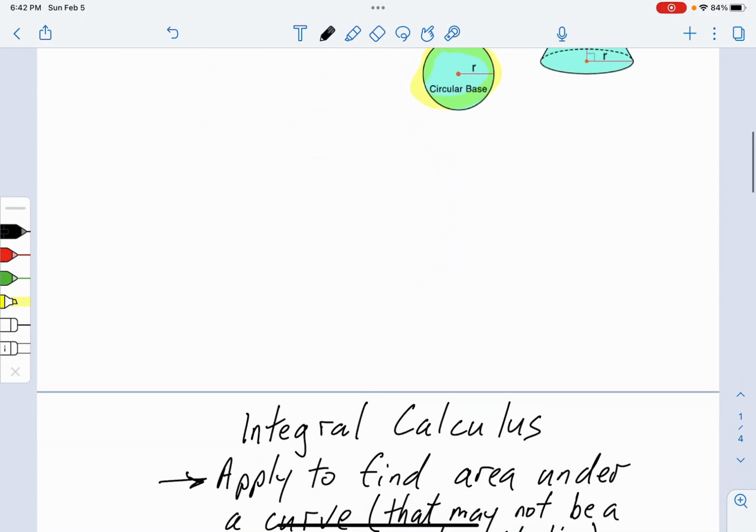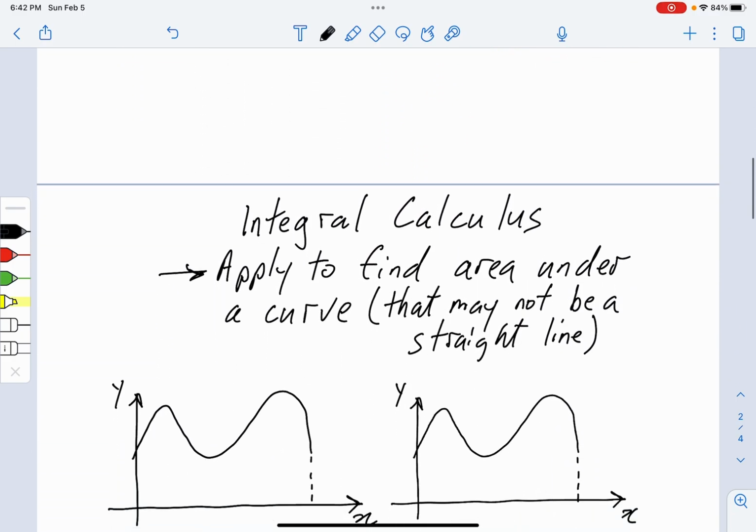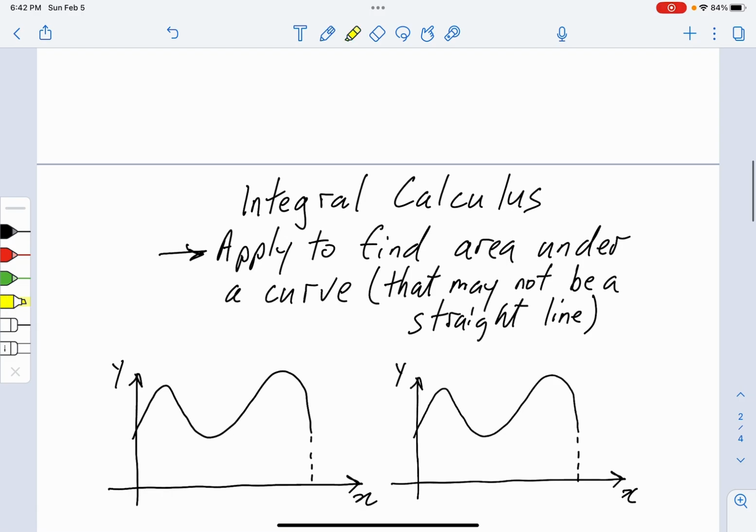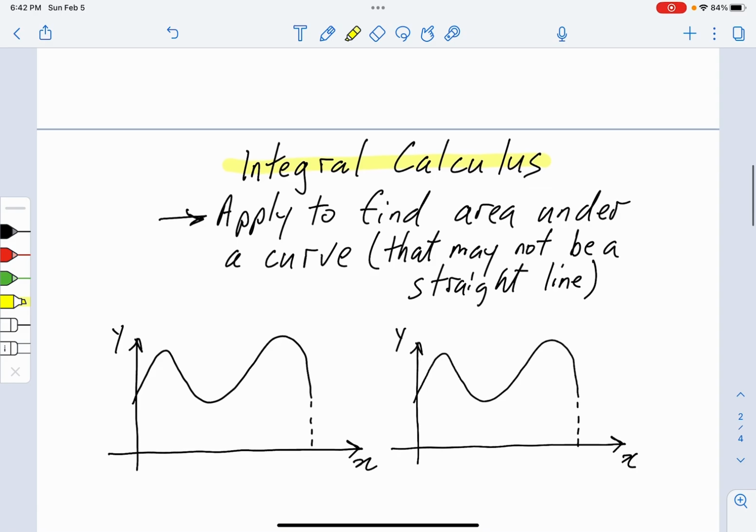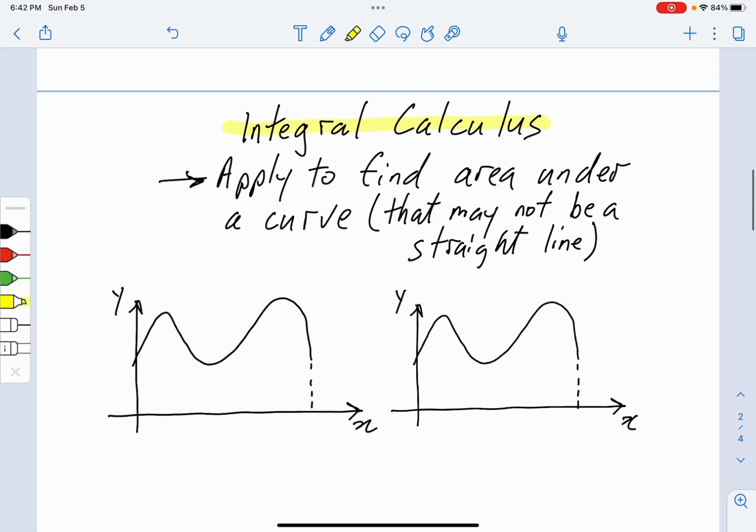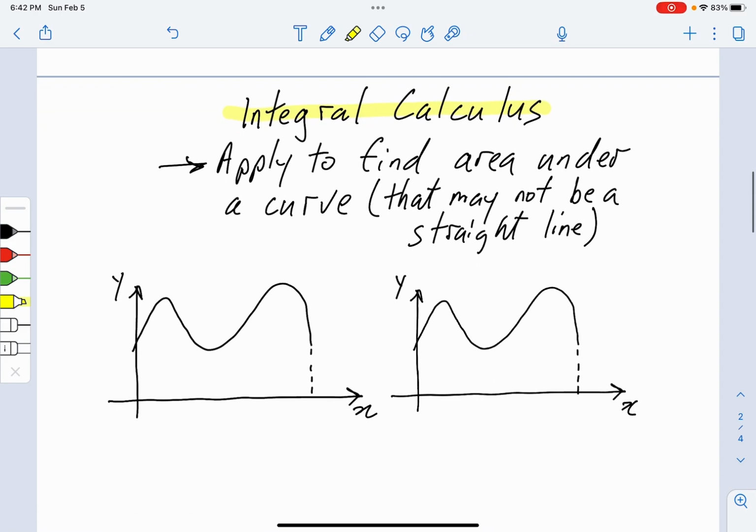Okay, before we dig into the direct problem, I would like to step back and take a quick look at integral calculus. We won't talk about this probably for a few years yet, but it does apply here. Really all integral calculus allows us to do is find the area under a curve that may not be a straight line.